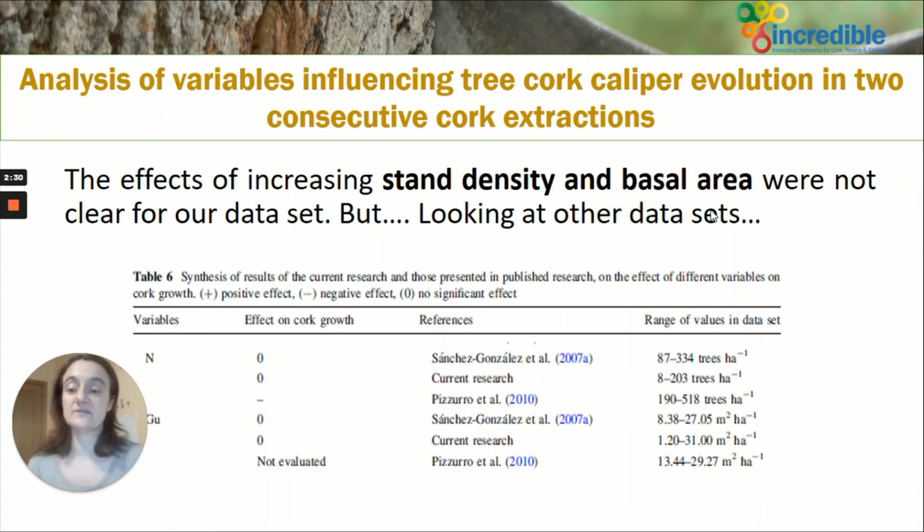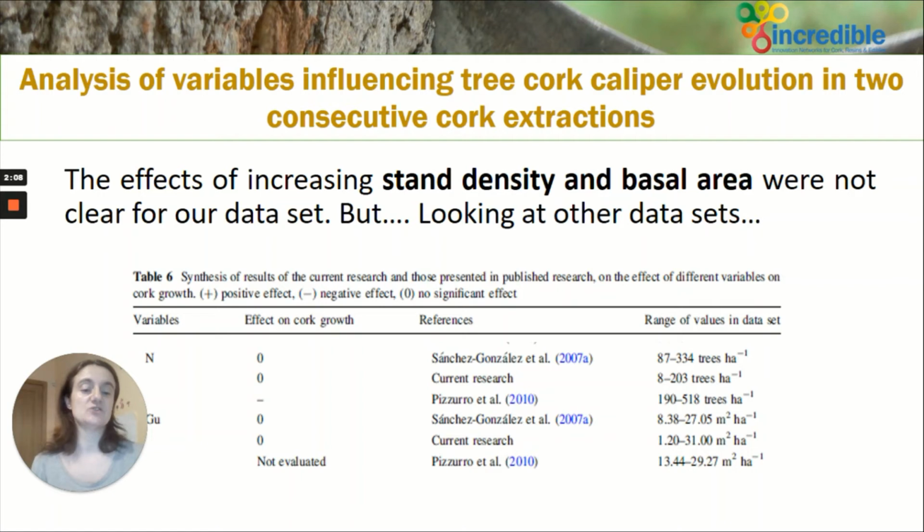Regarding the stand variables, number of trees per hectare and basal area, we did not find any relationship with the evolution of the cork growth index, in accordance with Sanchez and Gonzalez. But here, on the contrary, Pizurro found a negative effect.